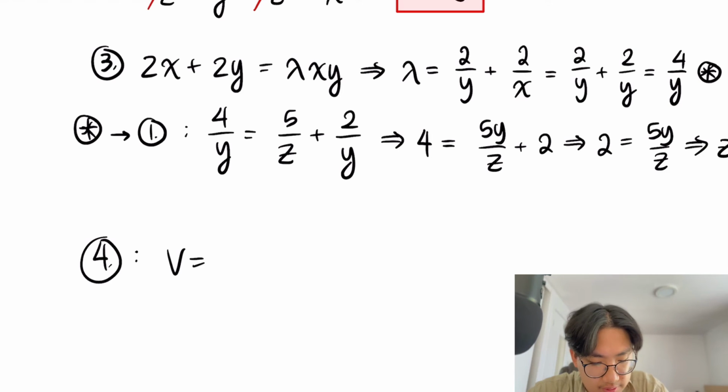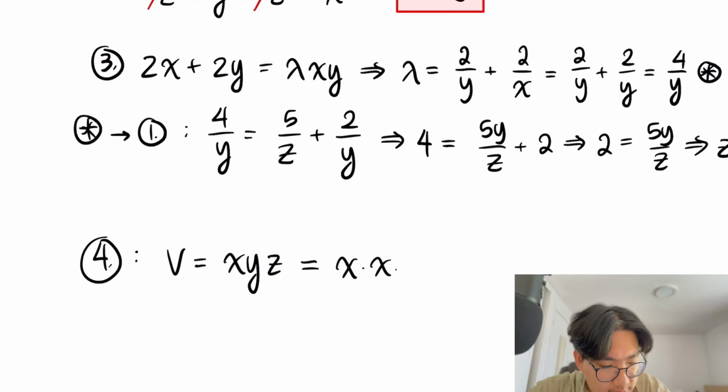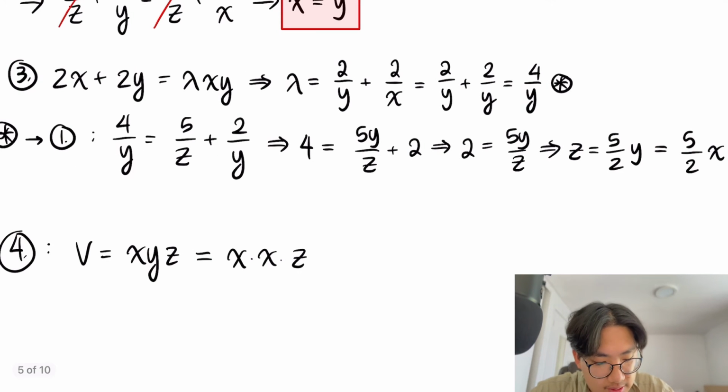So from 4, we then have as follows. So v is equal to, again, xyz. And then because x is equal to y, we can write this as x times x times z. But then z, we also have an expression in terms of x, so times 5 over 2x.